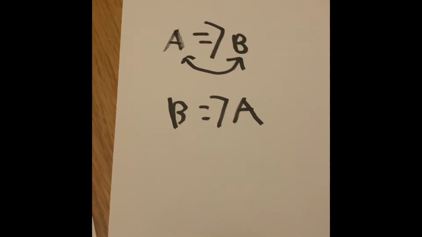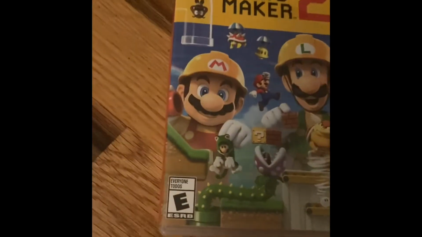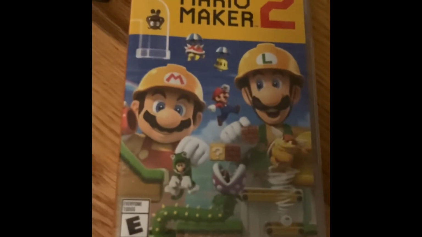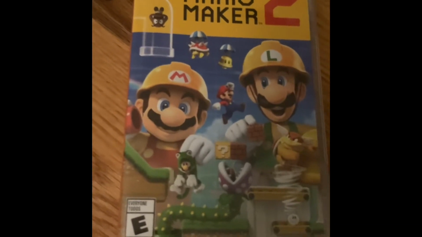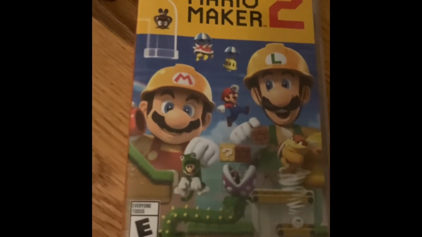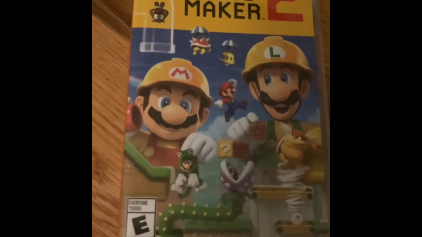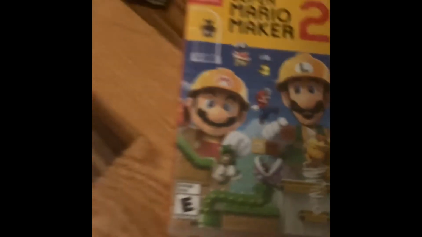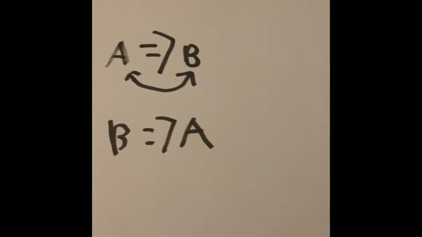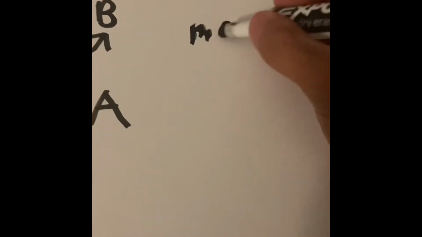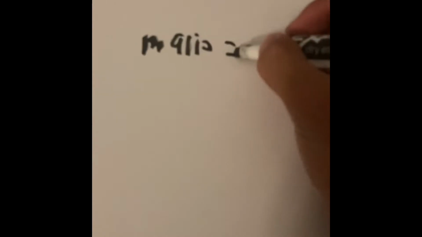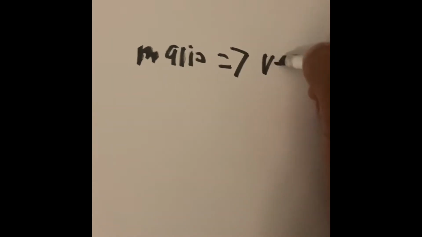So, if this is Mario, then he's wearing the color red. But the thing that cannot work is if he's wearing the color red, then it has to be Mario. The reason it would not work is because we said that if he's Mario, that brings us to the color red.